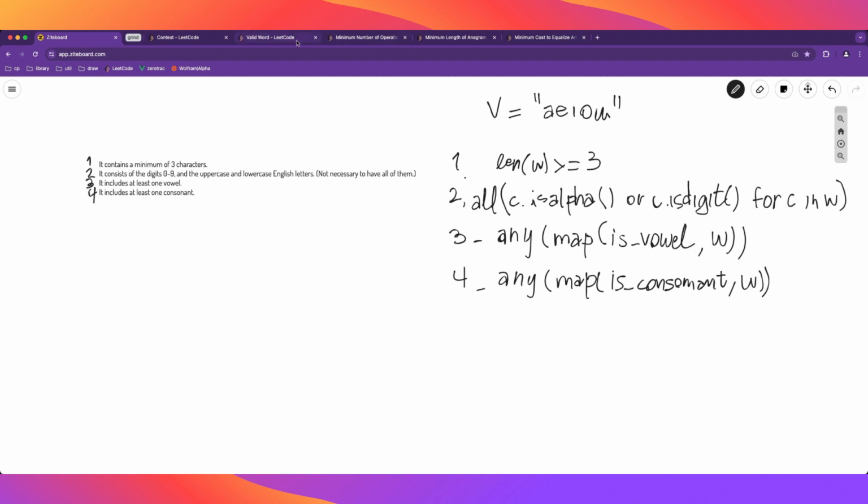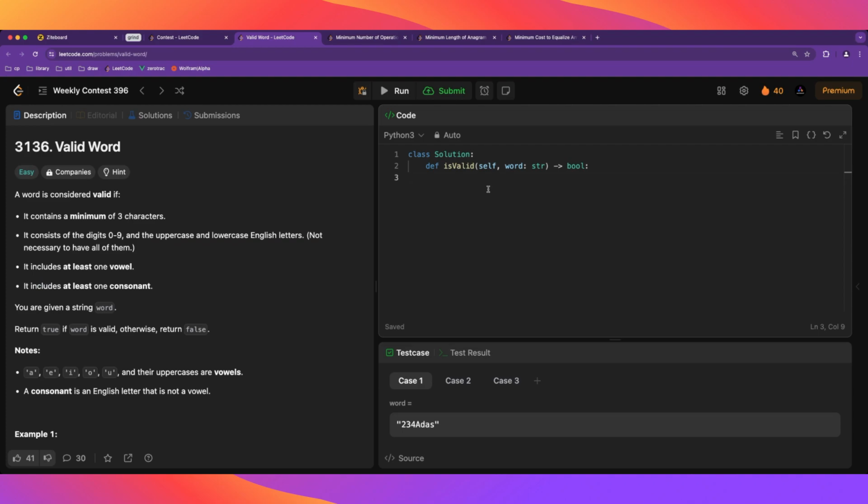So let's copy that here. So we have the vowels, and we have is vowel or is consonant.